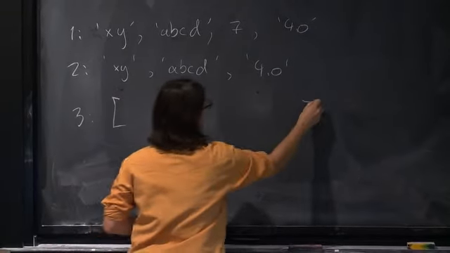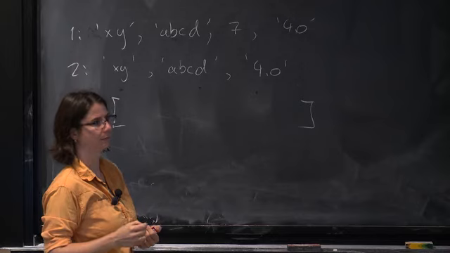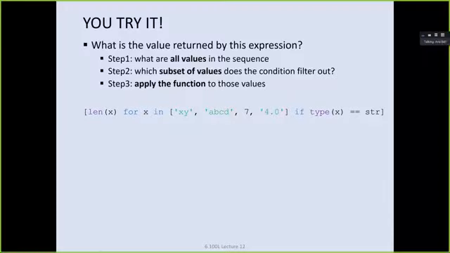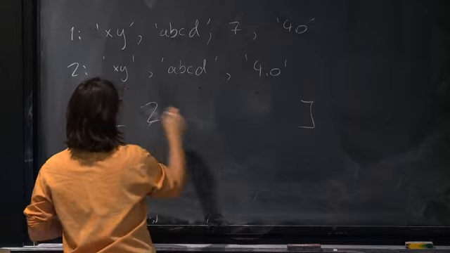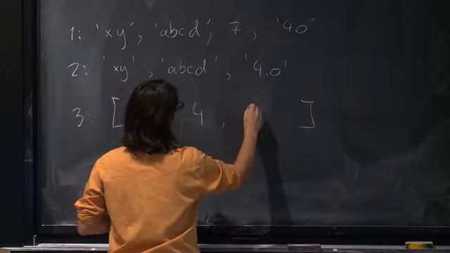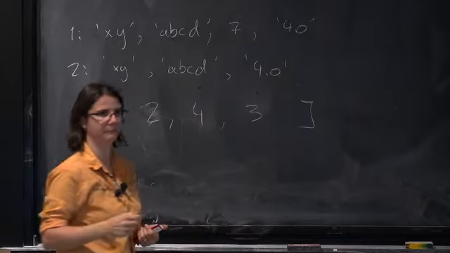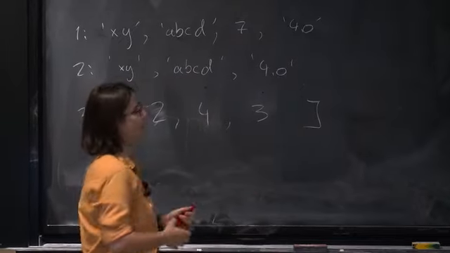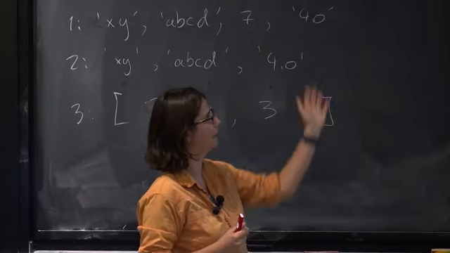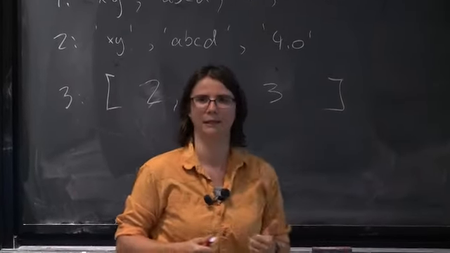It's going to be a list containing 2, 4, 3. Yes, 2, because that's length 2, 4, because that's length 4, and 3, because that's length 3. Great. And we've got ourselves a nice little list based on that condition, that sequence of values, and that function applied.